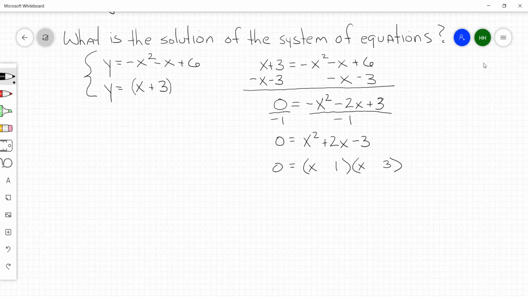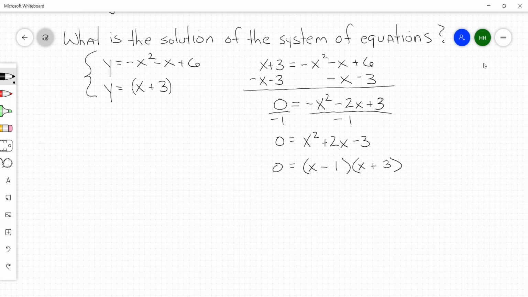Since my 2 needs to be positive in the middle, my larger factor, 3, needs to be positive, and the 1 needs to be negative. So -1 times 3 is -3, and -1 plus 3 is 2. So those are our correct factors.